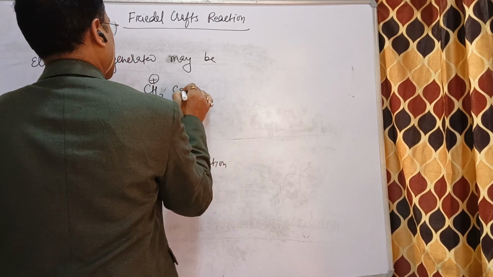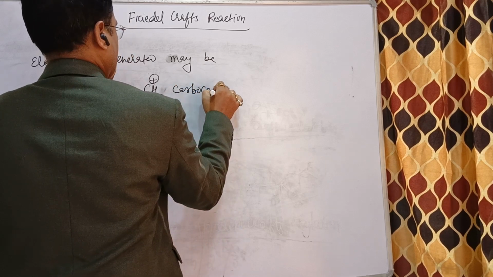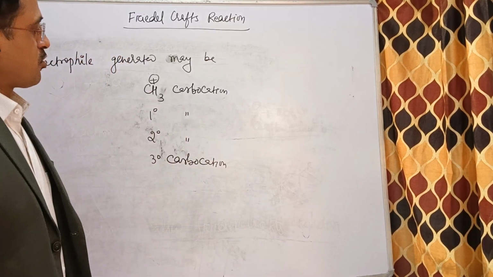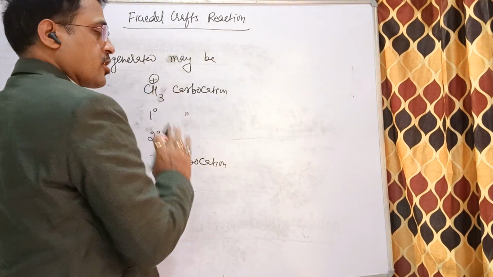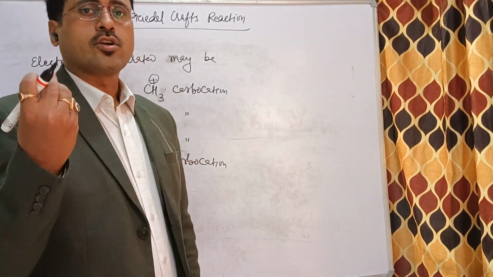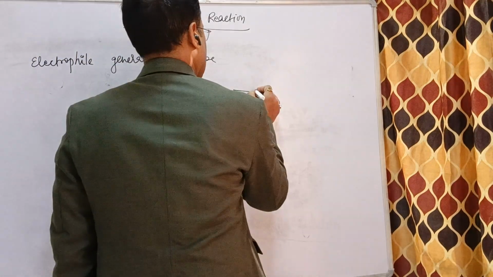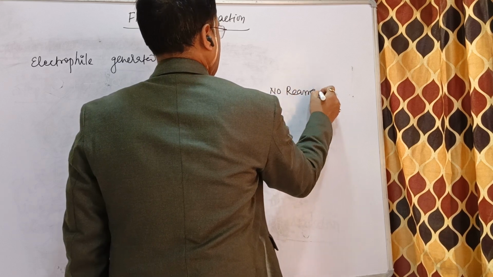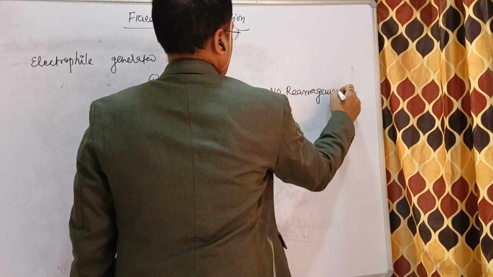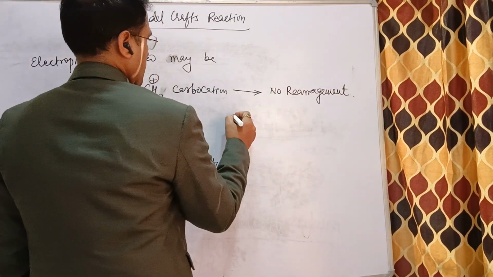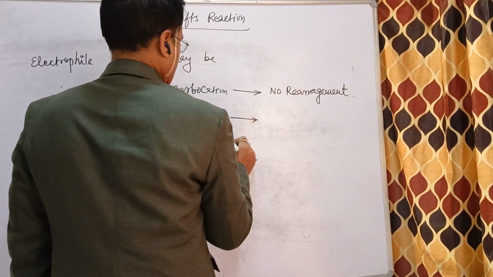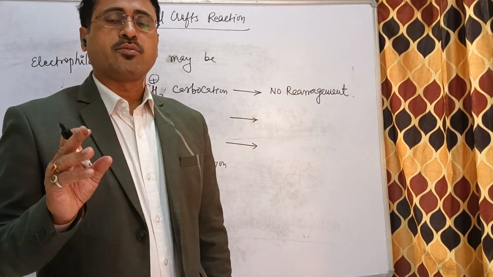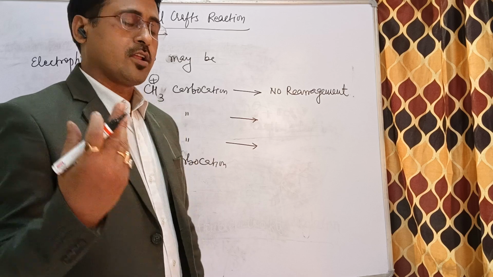In case of methyl carbocation, it will not rearrange anymore. So there is no rearrangement. For 1 degree or 2 degree, if there is a chance of rearrangement, it can rearrange.